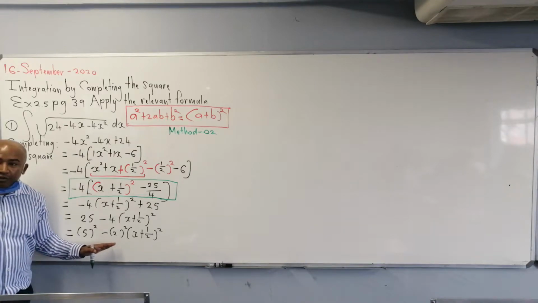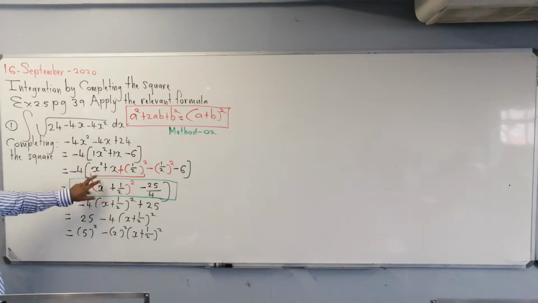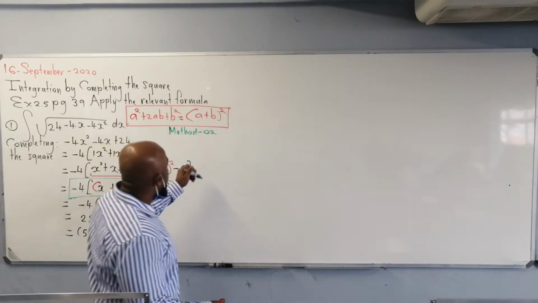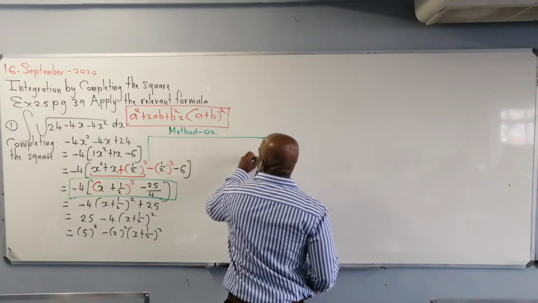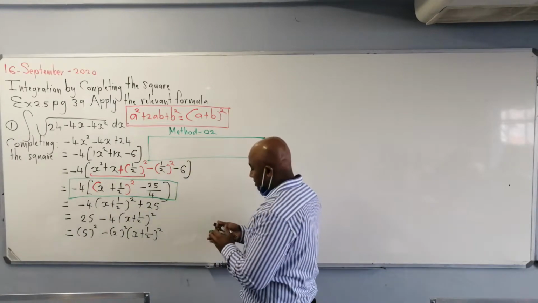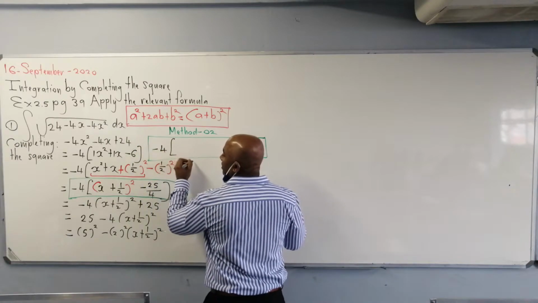Right, so before I go and use the formula, let's go back to this step over here. So now, let me just copy that down. So what do we have here? We got our minus 4.